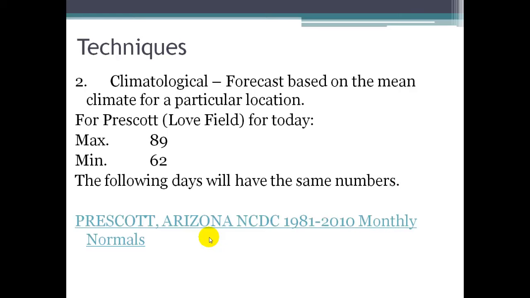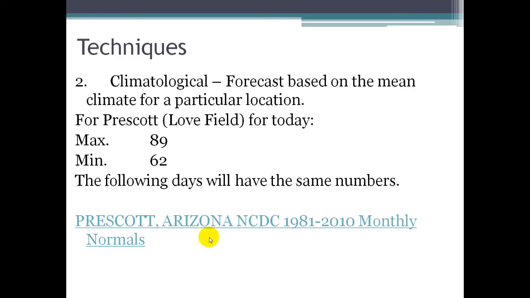For example, for Prescott, let's say the maximum temperature. We can talk about the normal or the mean maximum temperature for Prescott for a particular day or month by looking at what the past 30 years for that location and that weather variable have been.